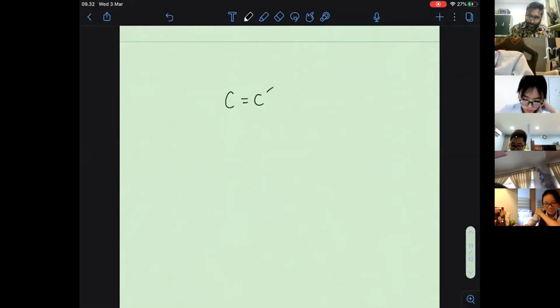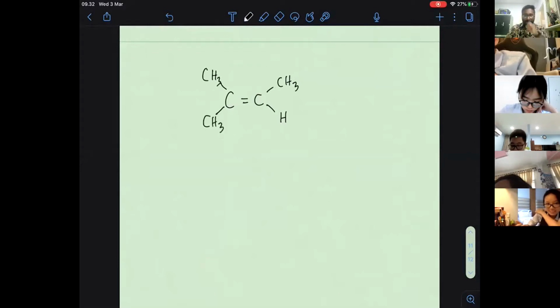C, then you have CH3, then hydrogen, and then hydrogen. Maybe like this, CH3, CH3. So I have this, and I'm going to react it with HOH. So what is going to be the major product? Quite simple.